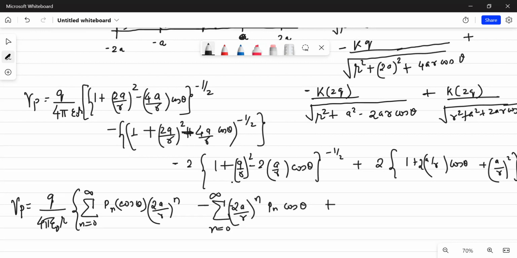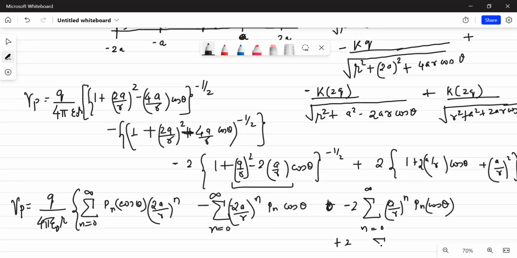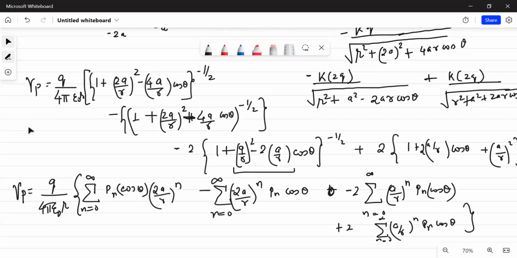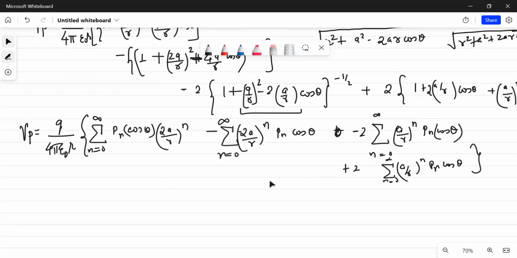Then again this term I can write minus 2 times summation n equal to 0 to infinity, a upon r raised to power n, and then Pn cos theta, and then plus 2 times summation n equal to 0 to infinity, a upon r raised to power n, and then Pn cos theta. So this is what will make your potential terms. Is that clear? Is there any doubt till now?